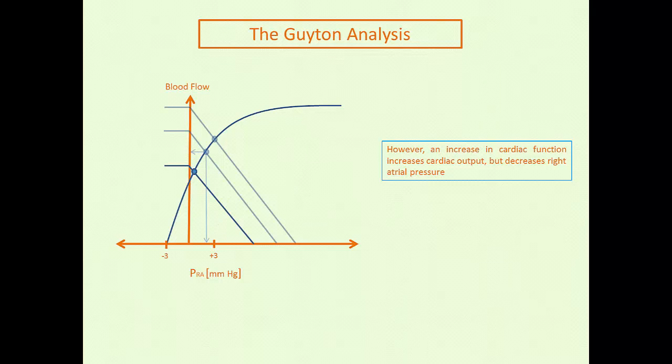So this patient has less venous return. Their cardiac function, their cardiac state, for illustrative purposes, has stayed completely static. It hasn't shifted up and to the left.